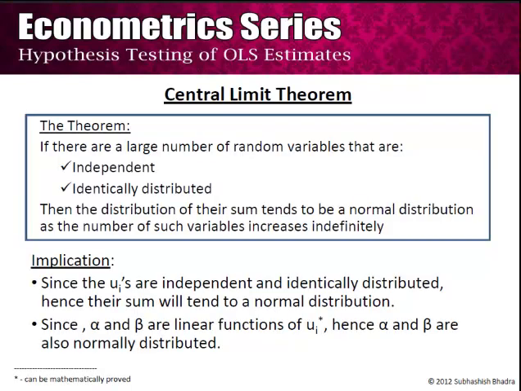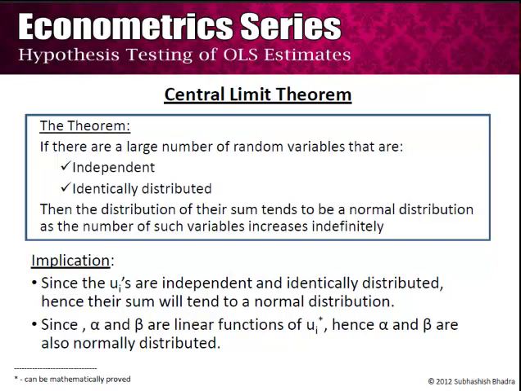The central limit theorem states that if there are a large number of random variables that are, first, independent and, second, identically distributed, then the distribution of their sum tends to be a normal distribution as the number of such variables increases indefinitely. In our case, since the ui's in the population regression function are independent by assumption and are identically distributed, their sum will tend to be a normal distribution.